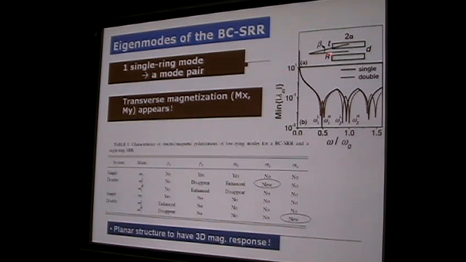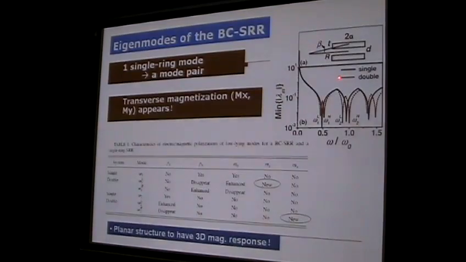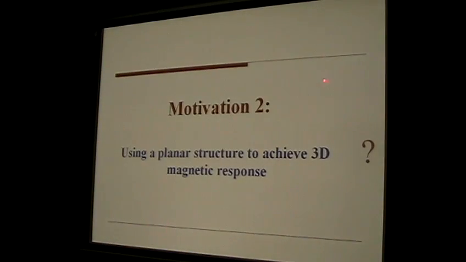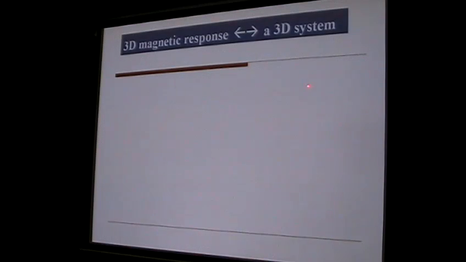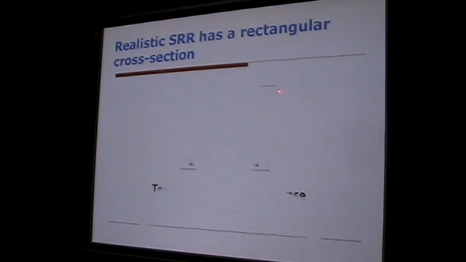And then we consider a situation where the two rings are like this. Okay, I think I should give you the details of the structure.